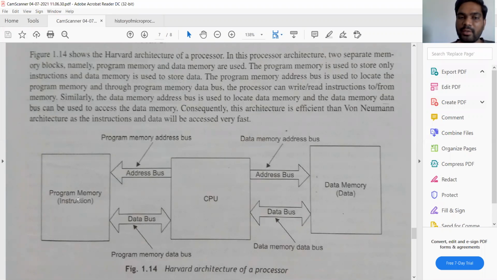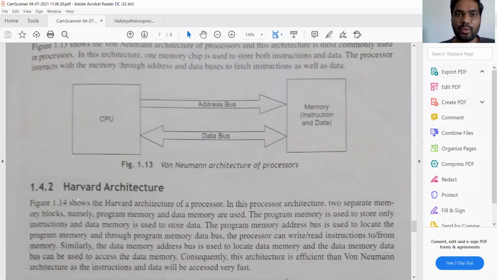In some advanced processors you find this Harvard architecture. The advantage of this Harvard architecture is we can extract the instructions separately and we can extract the data separately. Okay, see here, I'll try to compare the things and explain the advantages.